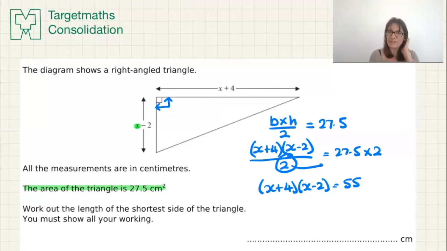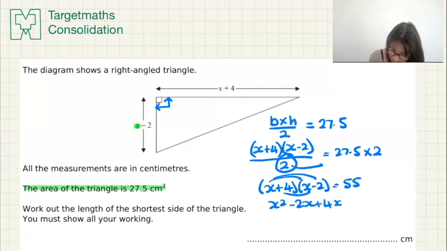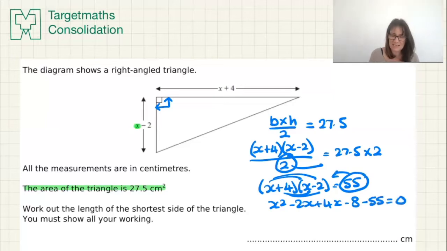I can't solve it. It doesn't equal 0. As soon as I bring that 55 across, then it's like this random thing that's going with the bracket. So I'm going to expand the bracket first to give me x squared minus 2x plus 4x, and then minus 8. I'm also going to bring the 55 across, which would land as minus 55, so that I can get it to equal 0.